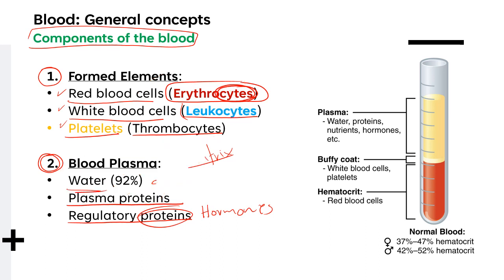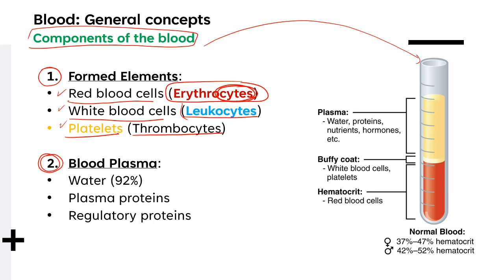Now, when we have the blood, normally after taking the sample from the patient, you're going to place the blood in a tube. That tube is going to be placed in the machine that is called the centrifuge machine. This machine spins the blood very fast, generating a force and making all the heavy formed elements of the blood precipitate, or go down into the tube.